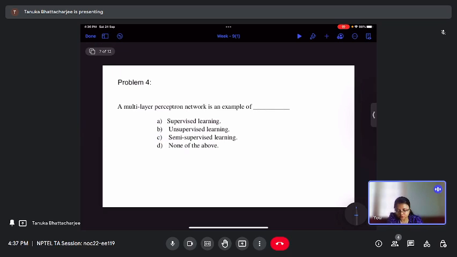Now, let us move on to the next problem, or the next MCQ, which says a multi-layer perceptron network is an example of supervised learning, unsupervised learning, semi-supervised learning, or none of the above. Please, any of you want to answer? This is a very simple question, so I guess all of you can answer this.